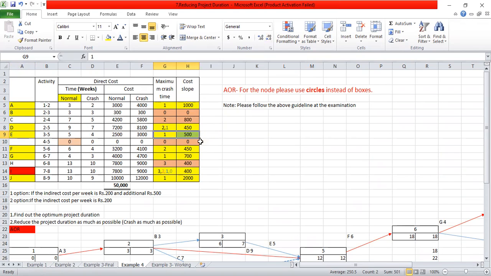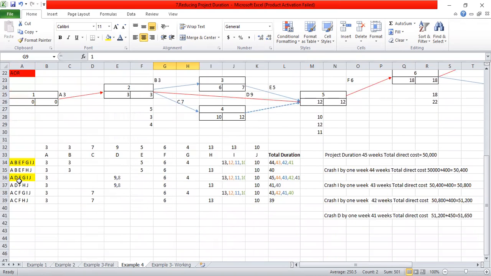Among that D and F activity, among the lowest cost slope, you have to find the lowest identification number. Among D and F, the lowest identification number is D. Then you have to see whether D is a common activity for these two paths. D is not a common activity. Therefore, we cannot crash the D activity. But if the F activity is common, that means we can crash F, right?